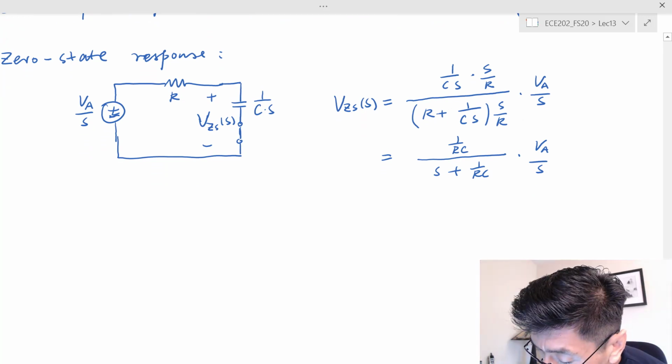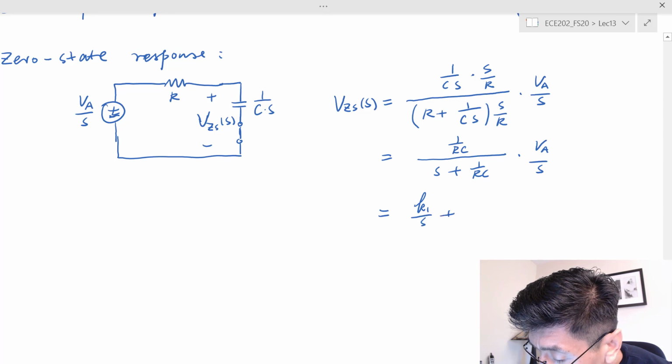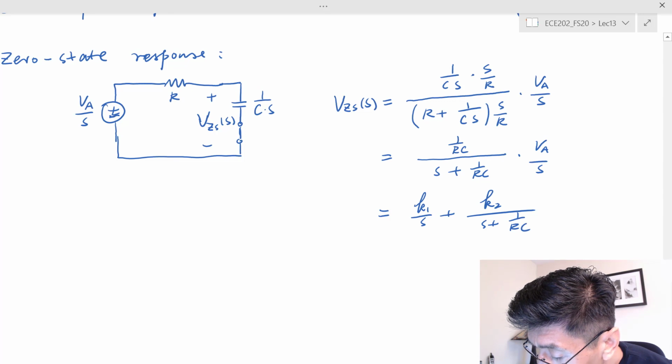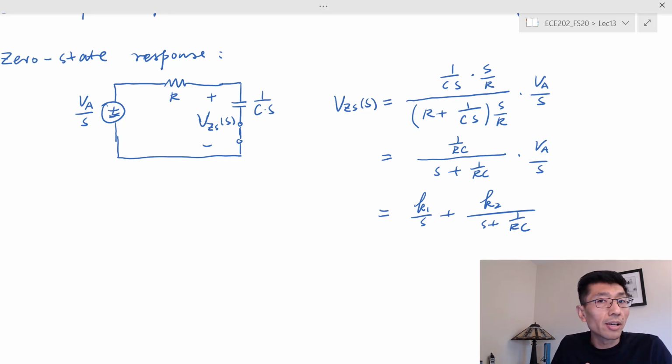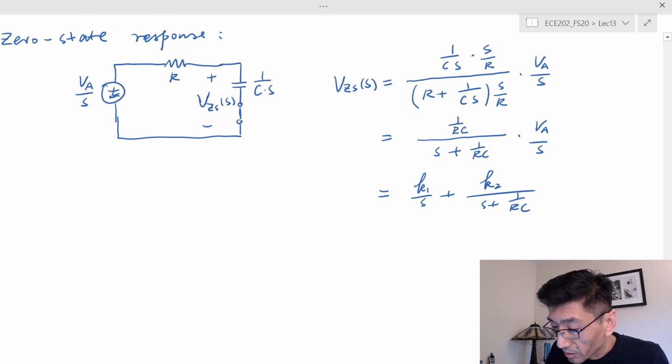So I can write K1 over S plus K2 over S plus 1 over RC. And we can identify that this has two poles, right? One pole is at S equal to 0, and the other pole is at S equal to negative 1 over RC. Remember what the RC is? RC is the time constant for first order circuits, right?